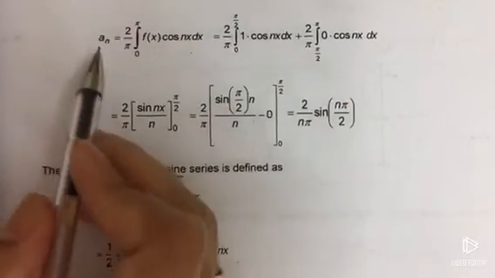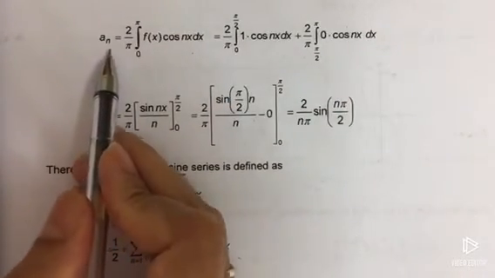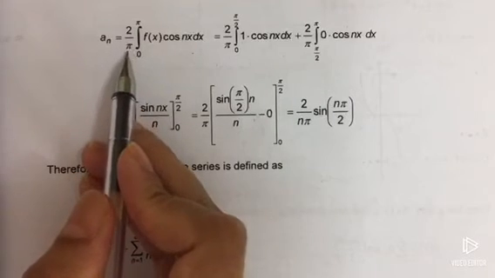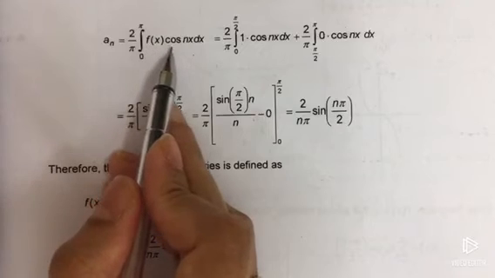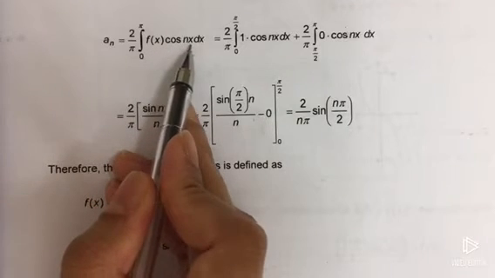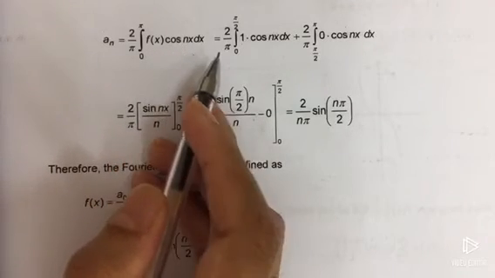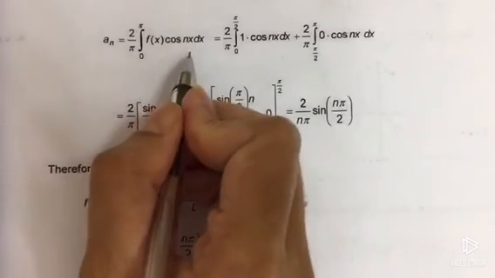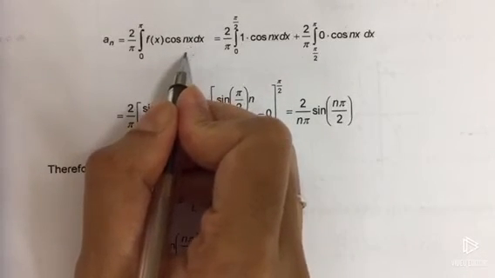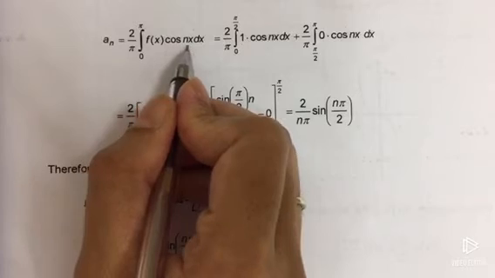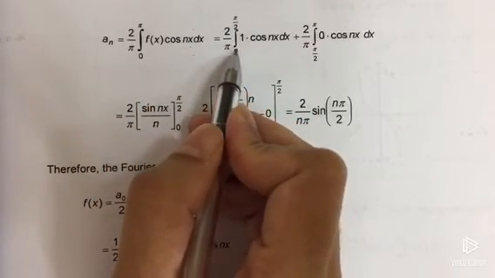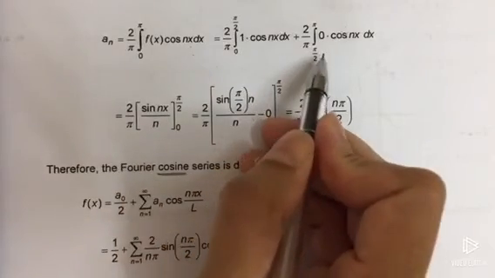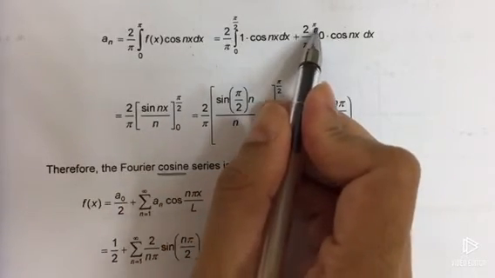Now find An using the formula 2 over L, integral from 0 to L, f(x) cos n pi x over L. L is equal to pi, so cancel pi and pi, and we get cos nx here. Then split from 0 to pi over 2 and from pi over 2 to pi.